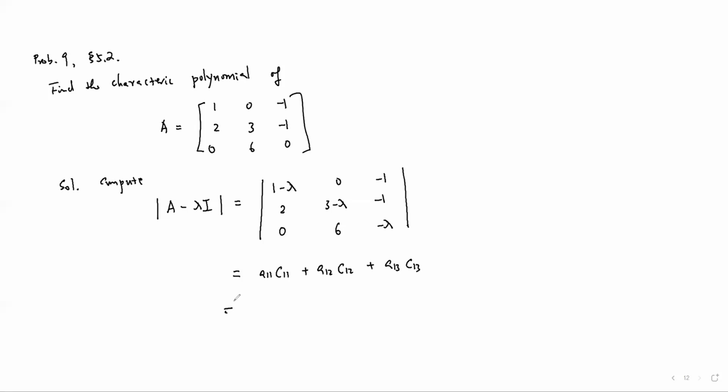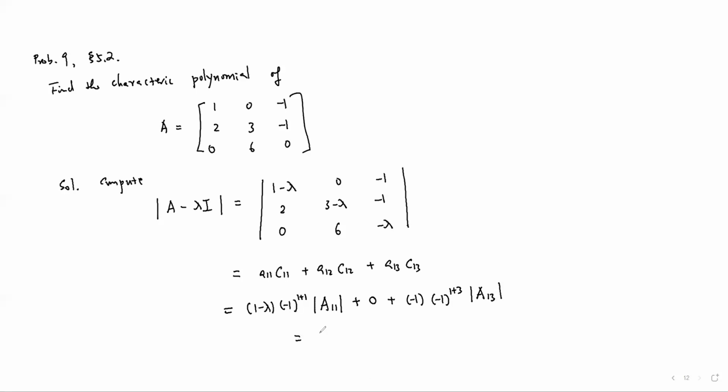A11 is 1 minus lambda, C11 by the formula is negative 1 to the 1 plus 1 times the determinant of capital A11, plus A12 is 0, so 0, then plus A13 is negative 1 times C13, by the formula negative 1 to the 1 plus 3 times the determinant of capital A13.